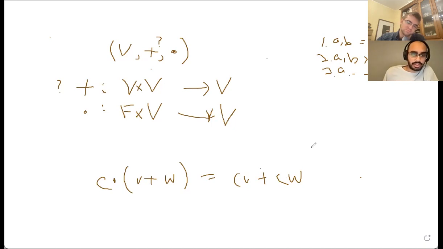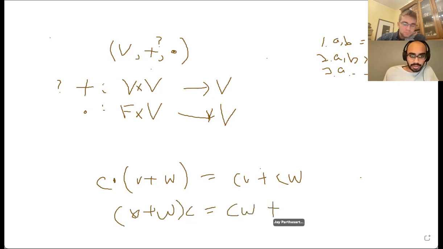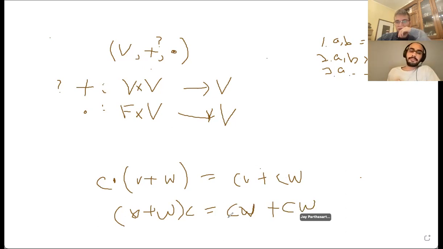The other one is (v plus w) times c equals cv plus cw. So that's for the left-hand and right-hand side of the parentheses.